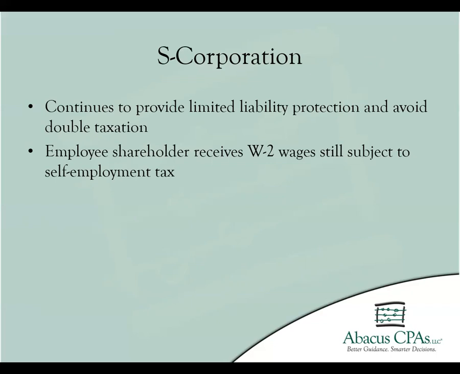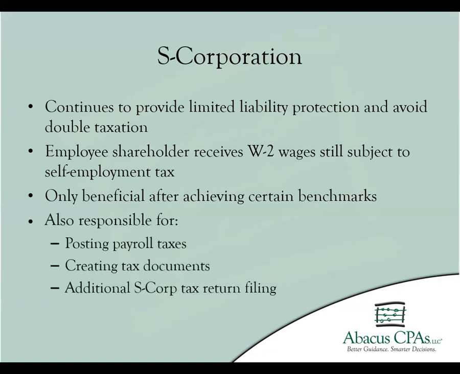While there are certain advantages to operating under an LLC with an S corp, you must wait until your business achieves certain benchmarks. The individual must also consider costs associated with running your S corporation, such as posting payroll taxes, creating tax documents, and filing an additional tax return for your S corporation that needs to be filed each year. For any questions on electing to run your LLC as an S corporation, or filing a tax return for an S corporation, please contact us.